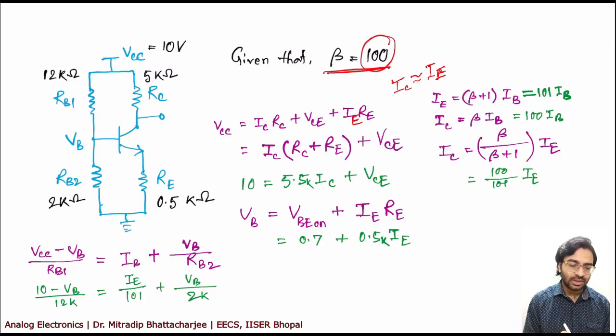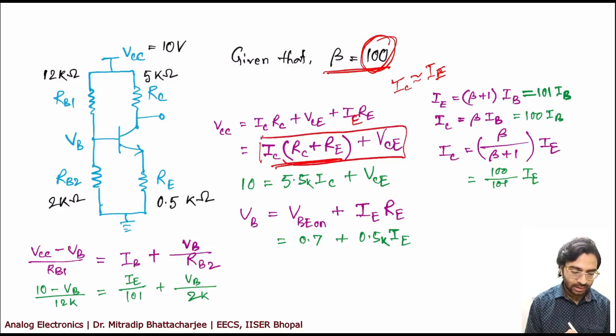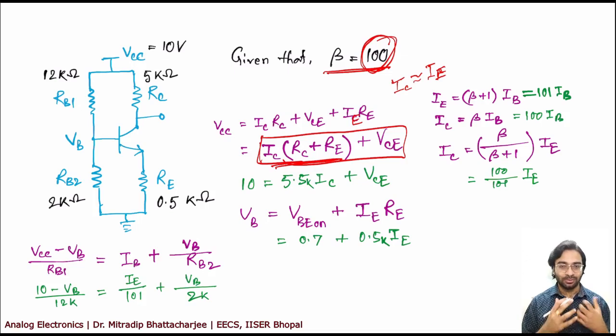If your beta value is sufficiently high, then your IC and IE value will be more or less same. So as I have written previously, IC RE, that also can be written. But in case you want even more accurate result, keep it IE RE. Just don't consider this approximation. However, this will make your life a little difficult because you have to take care of a lot of parameters there. So in certain cases, you can take approximations if it is valid enough.